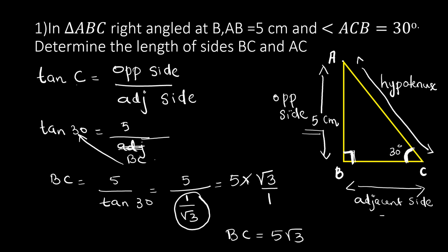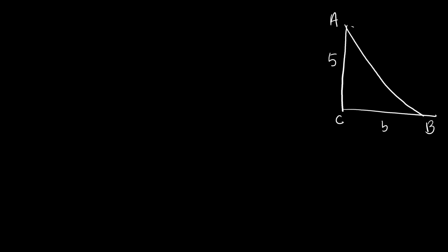Now we got this as 5 root 3. Now we have to find the hypotenuse AC. One side is 5, second side is 5 root 3. This is A, this is B, C. This side is 5 and this side is 5 root 3.